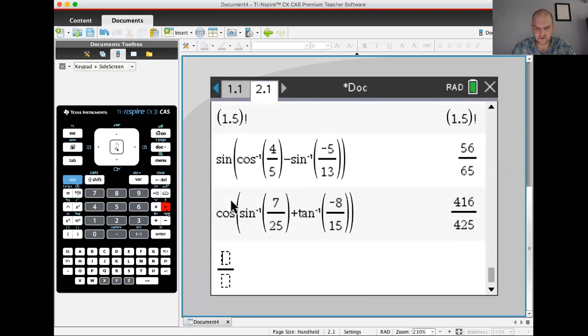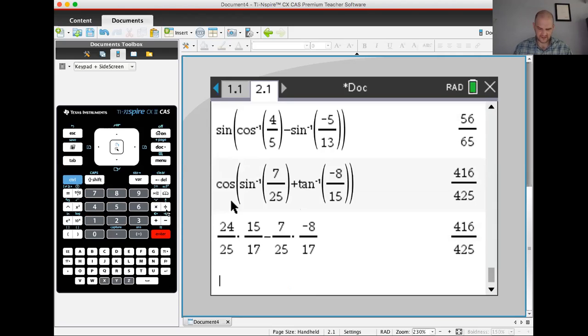And then what we thought was 24 over 25 times 15 over 17 minus 7 over 25 times negative 8 over 17. 416 over 425. So we got it. And again, you should be trying to check these on your own.